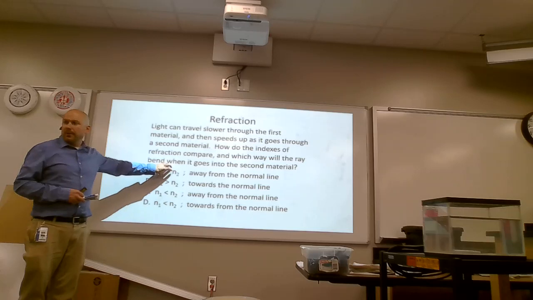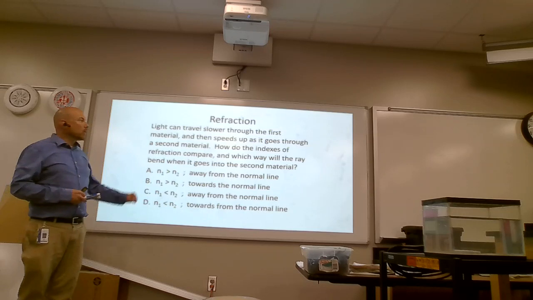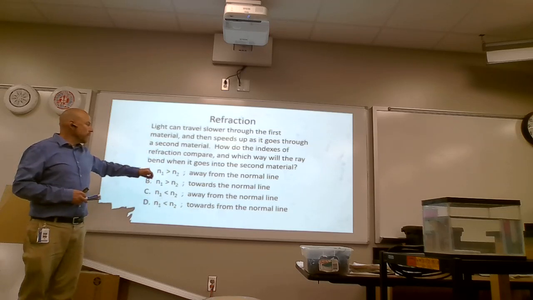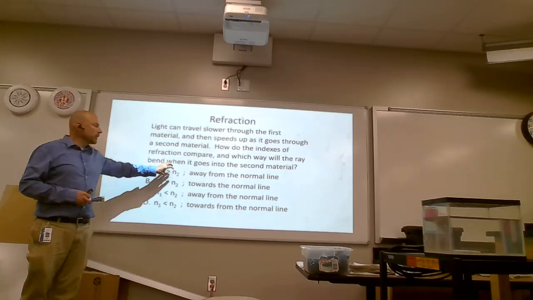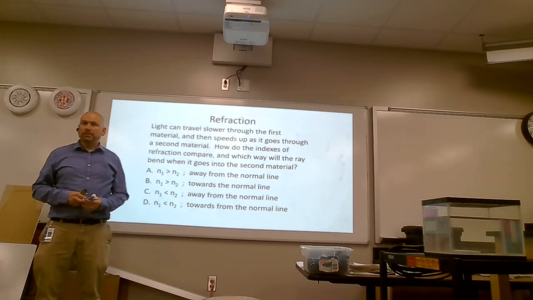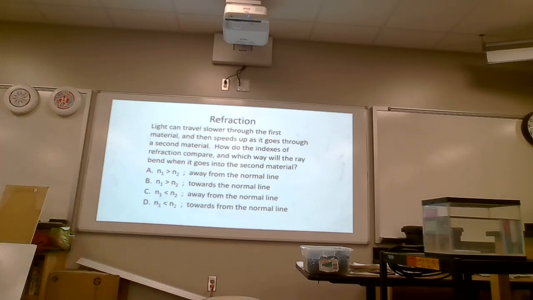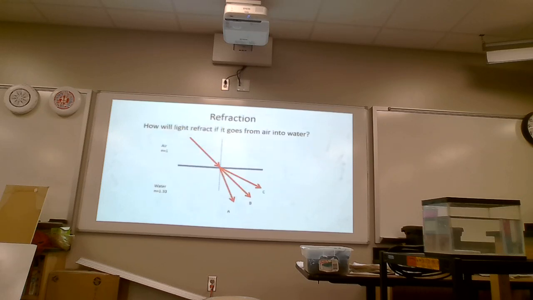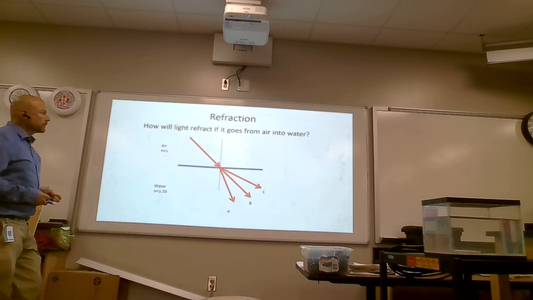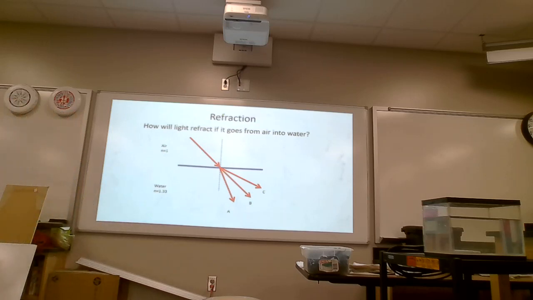Slow to fast has a lower index of refraction. When it goes from high to low, it bends away from the normal line. A is correct. Good with that? As light goes from air, index of refraction 1, to water, index of refraction of 1.33.